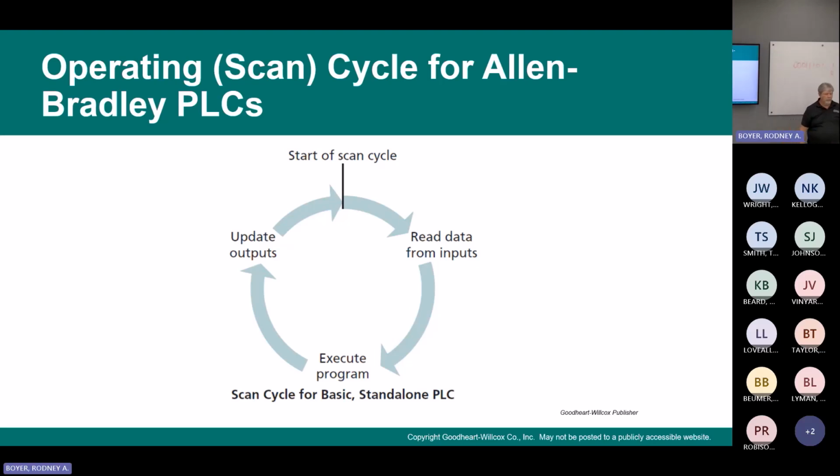If the input has voltage applied, then it reads that as a 1 or high state. If it does not have voltage applied, it reads it as a 0 or a low state. It will write that data accordingly into the input data table.